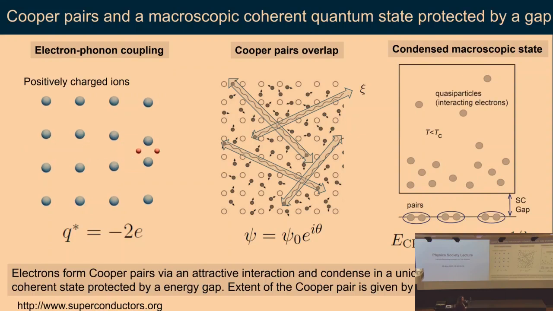Imagine you have a system at zero temperature. All ions will not move because there is no thermal energy. But if an electron passes through the lattice, which has a negative charge compared with the positive ions, that electron will slightly distort the environment and bring the ions closer towards it.